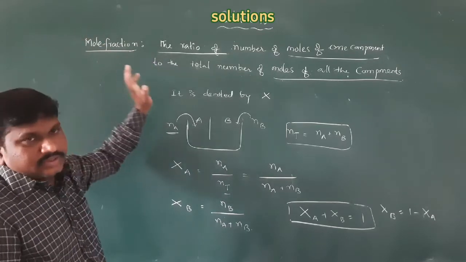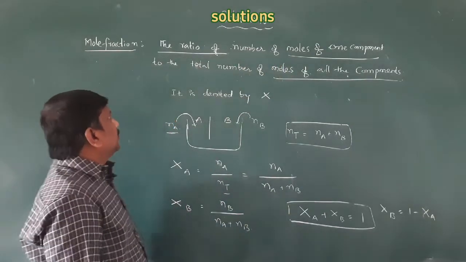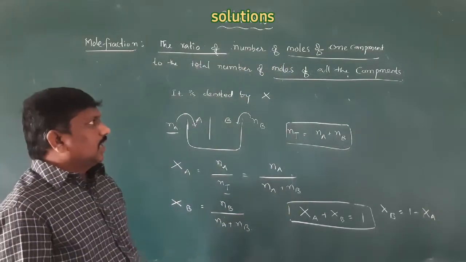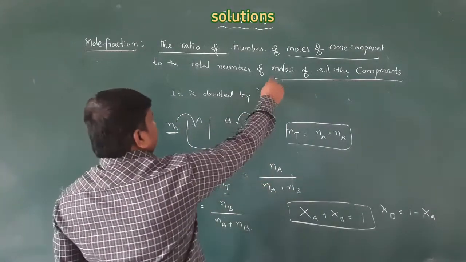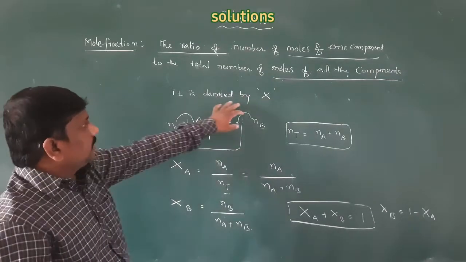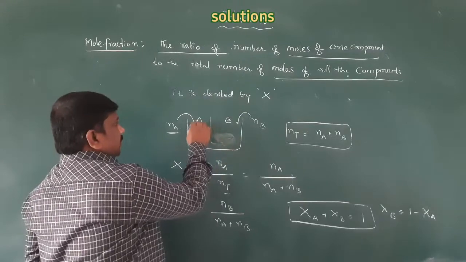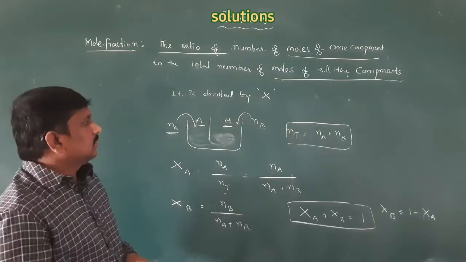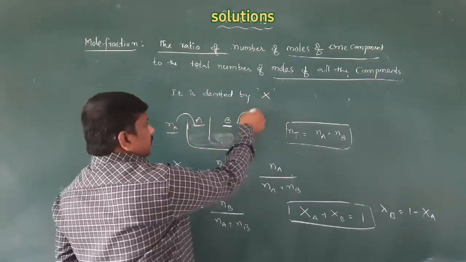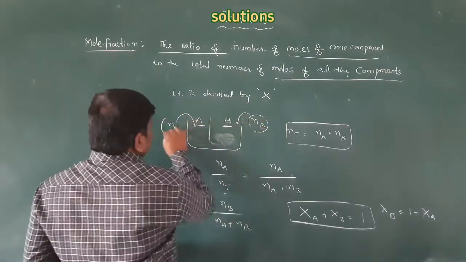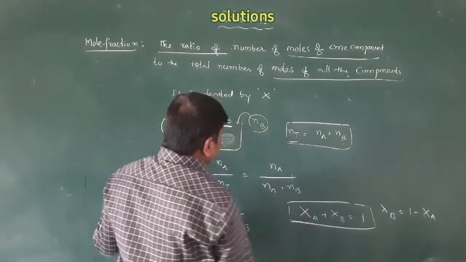So it is a ratio: the ratio of the number of moles of one component to the total number of moles of all the components. It is a ratio, so it is denoted by x. For example, we have a solution whose components are A and B. We mix a number of moles of A and a number of moles of B. So now total moles is equal to NA plus NB.